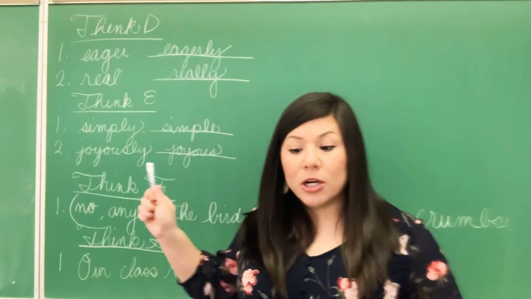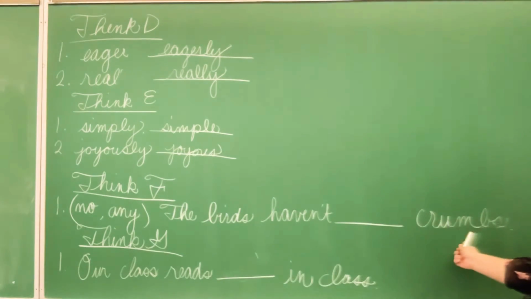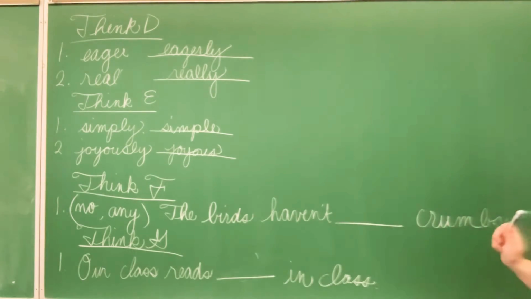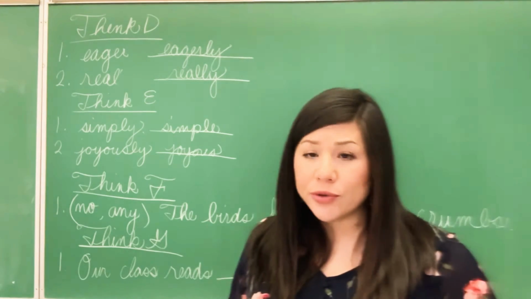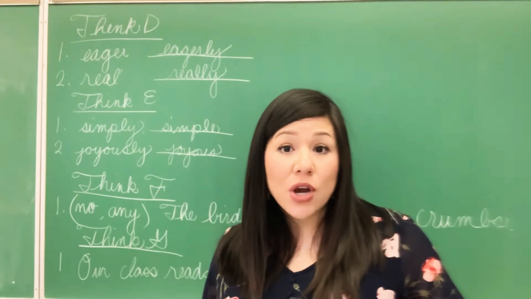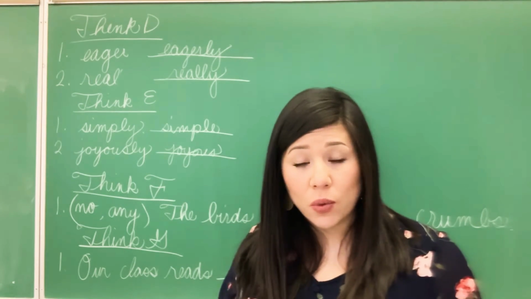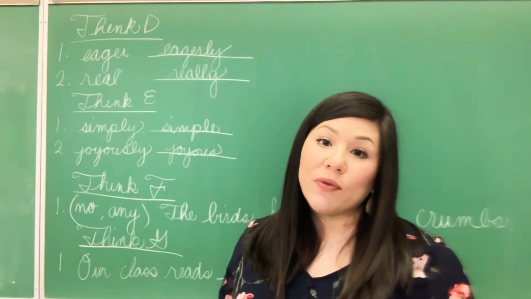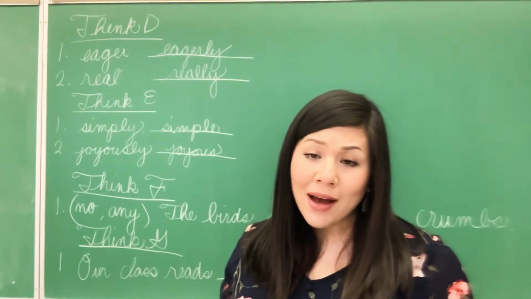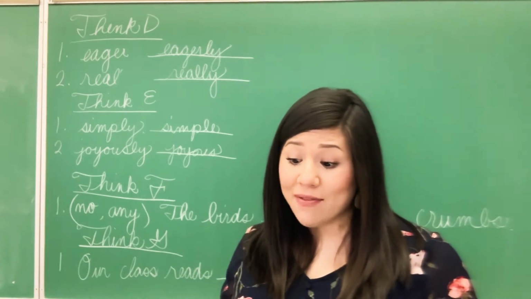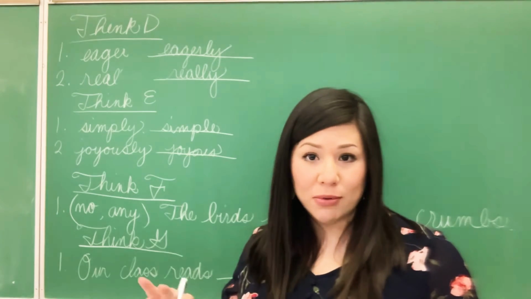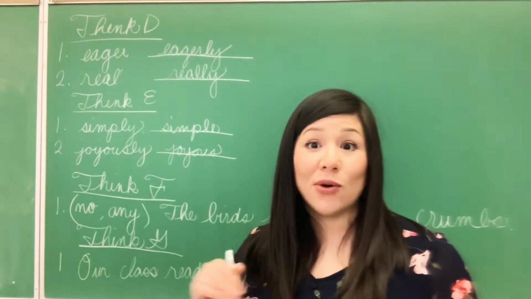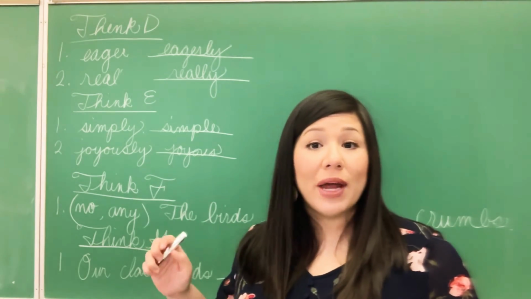Would it be the birds haven't no crumbs, or the birds haven't any crumbs? Which one would you decide to choose? You cannot use the word no because it is a negative word. So you already have haven't here. So if you were to use the word haven't no, it would be 2 double negatives, and you don't want to speak that way. You don't want to write that way either. So you would have to use the word any.